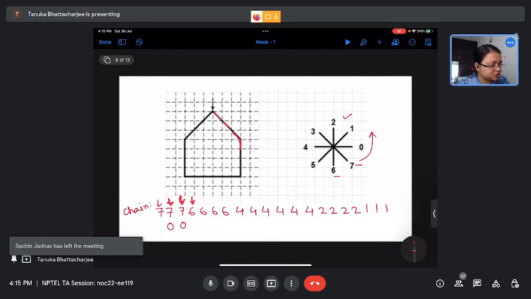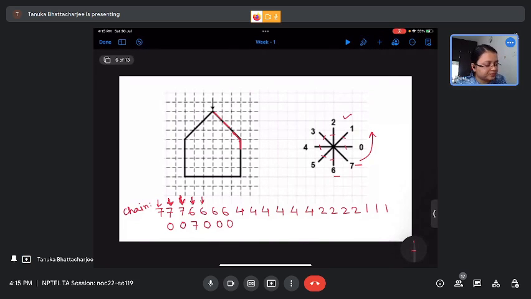So you will need 1, 2, 3, 4, 5, 6, 7. 7 rotational steps to go from 7 to 6. So the next value will be 7. Again we are remaining in the direction 6 itself, so we don't need any rotation. So 0, 0, 0.